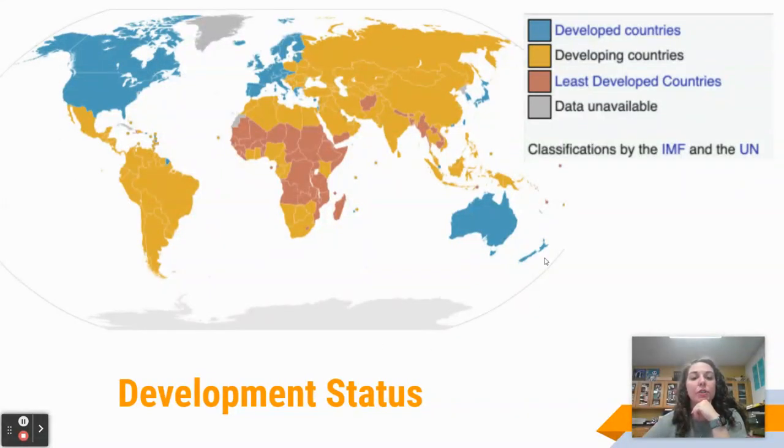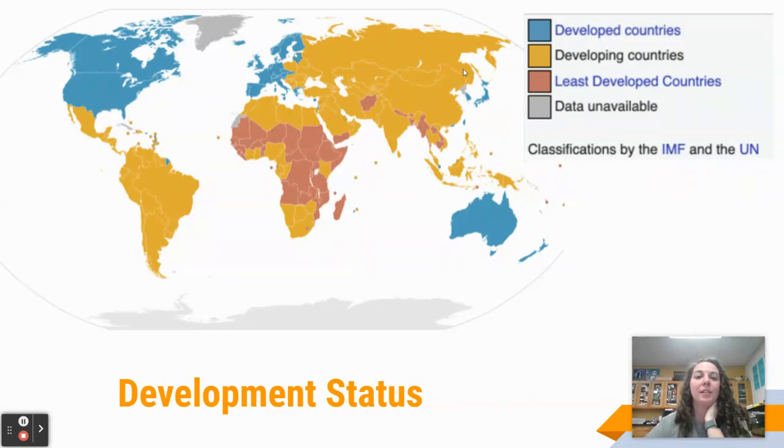So this map is going to show you the development status of different countries throughout the world. You can see our blue are going to be our developed countries. So the United States, Canada, Japan, a lot of Europe. Our developing countries, you can see that's where most of the world is. Most of the world has not made it all the way through that demographic transition yet.